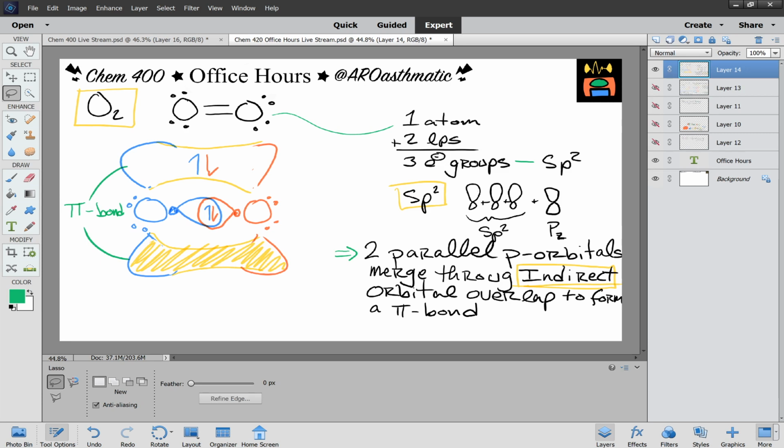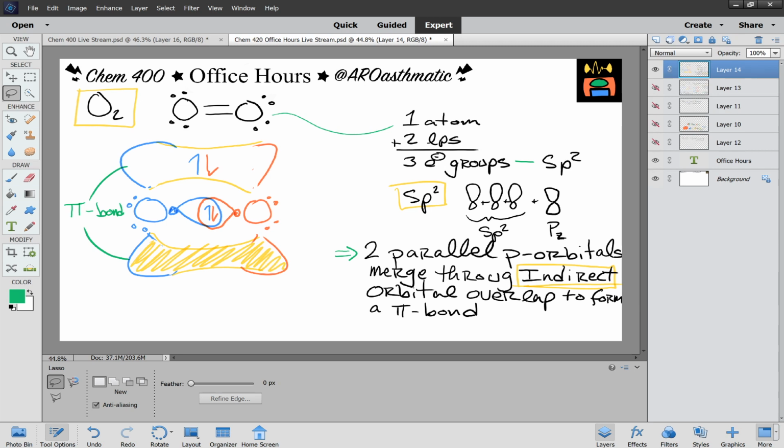So this is called indirect orbital overlap because the two orbitals don't directly overlap into the same space, but they exist parallel to each other and they kind of blur together in this different new way of bonding.